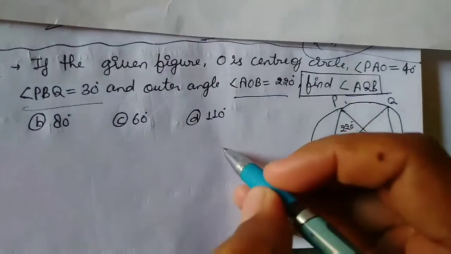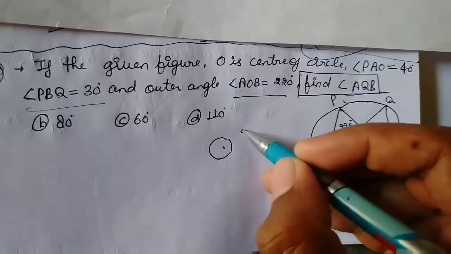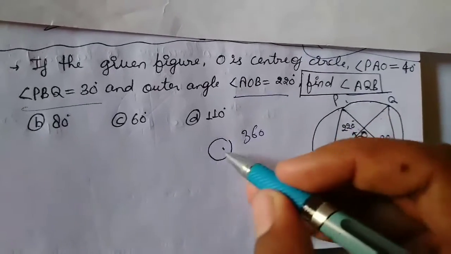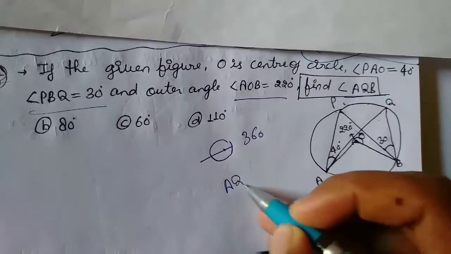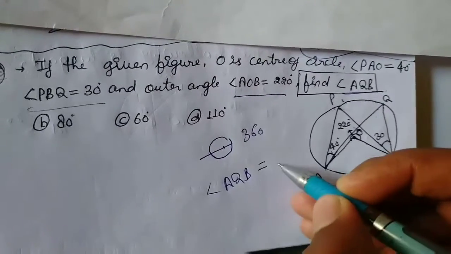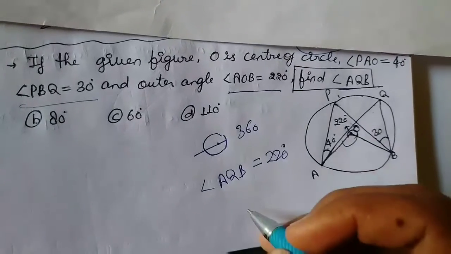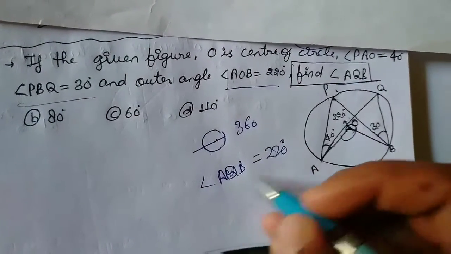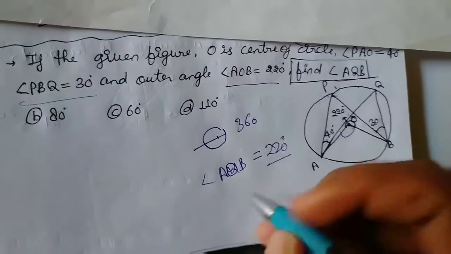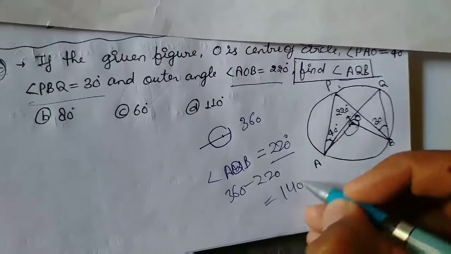First of all, we know that at the center, or any point, the total angle is 360 degrees. So if AOB is 220 degrees, then this inner angle will be 360 minus 220, which is 140 degrees.